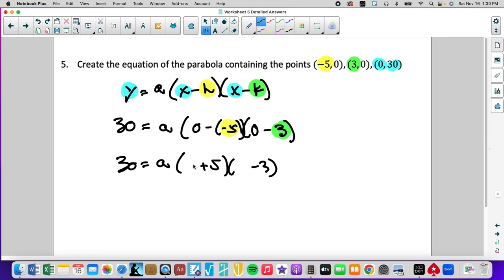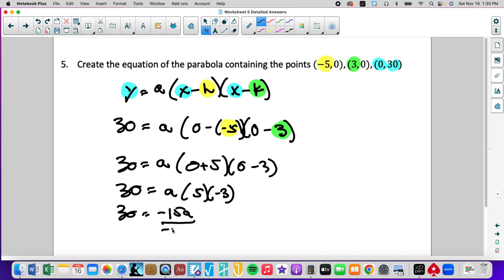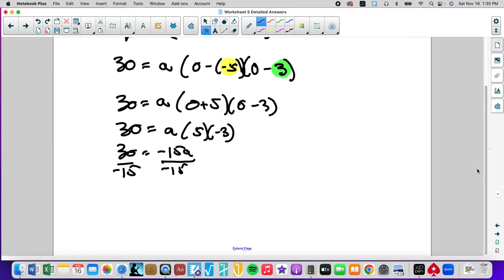So 30 equals a times 5 times negative 3. 30 equals negative 15a, divided by negative 15. And I get negative 2 equals a.